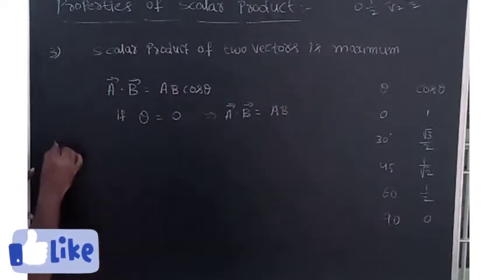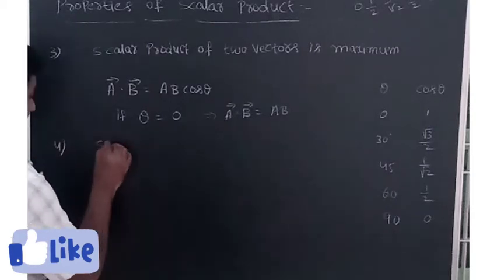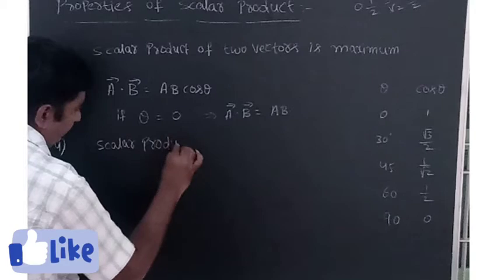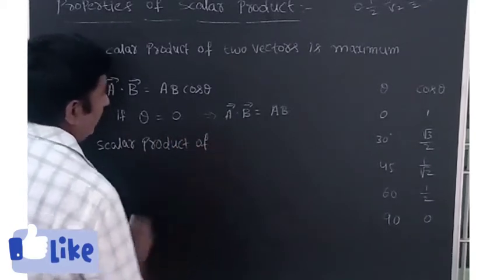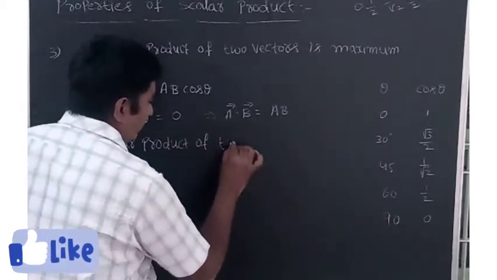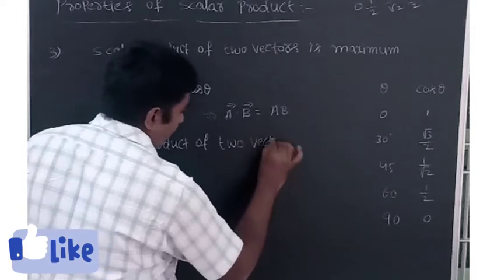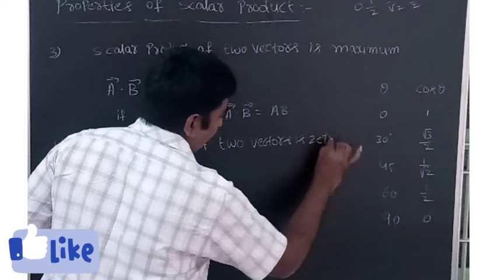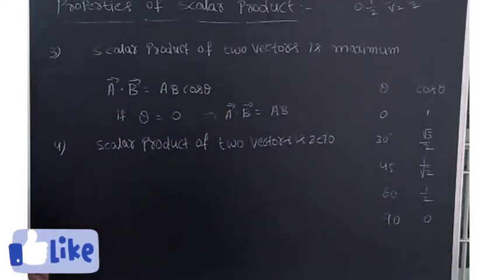In the same way, next, scalar product of two vectors is 0 when we are going to get 0 value.